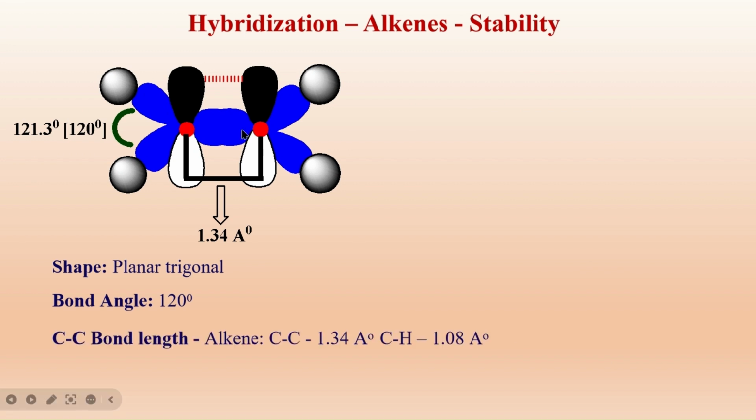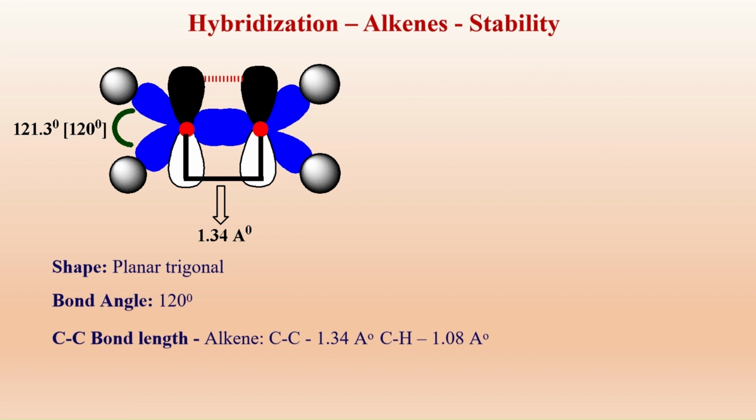and the carbon-carbon bond length reduces because it has a sigma bond and also a pi bond, and that's why the two carbons come closer and overlap more, and hence the bond length is 1.34 angstrom units because it has two bonds, one sigma bond and another pi bond.